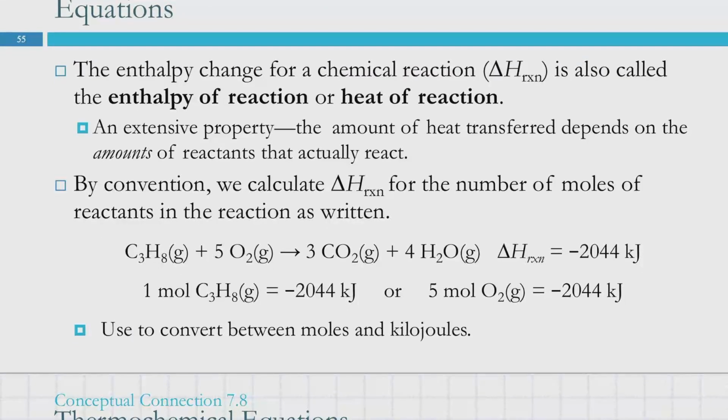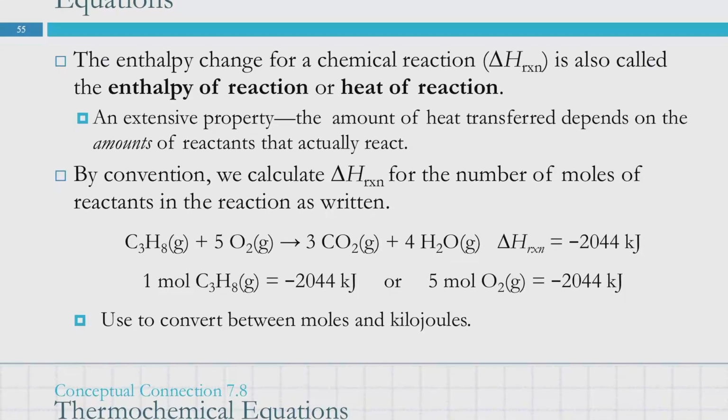By convention, we calculate this delta H of the reaction based on the number of moles in the reaction. And so we can incorporate this into our stoichiometry. For example, we've got a balanced chemical reaction for the burning of propane, and a delta H value for this reaction.